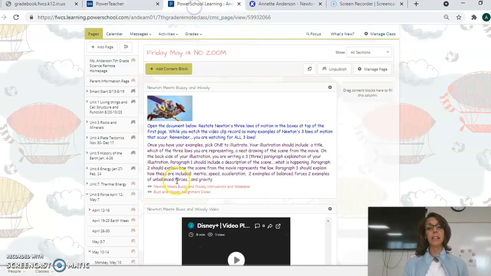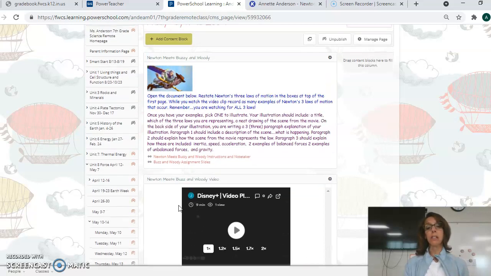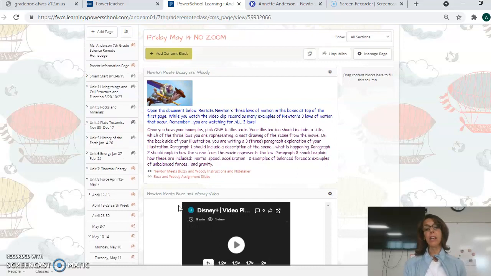You may find these slides right here, Buzz and Woody assignment slides, right there. If you need an opportunity to rewatch the video so you can slow it down, go faster, go slower, and really look for those 3 laws. So 2 things are going to be coming in.